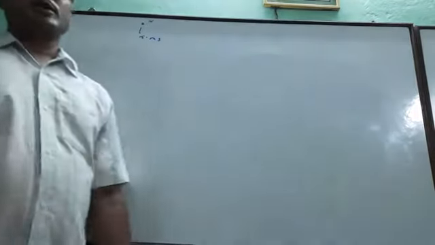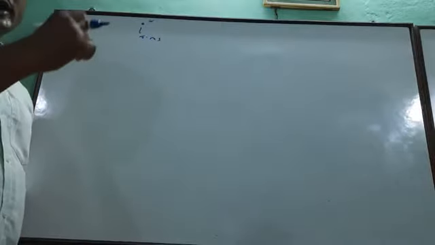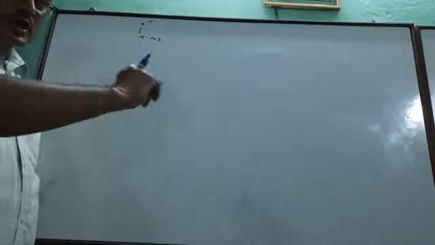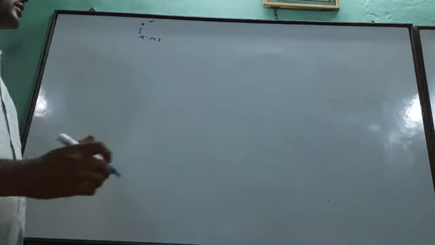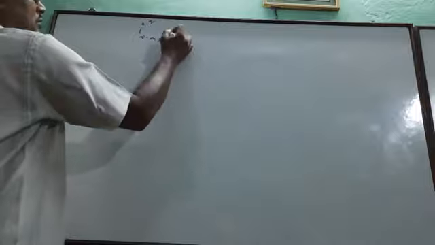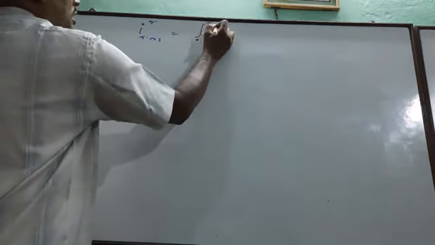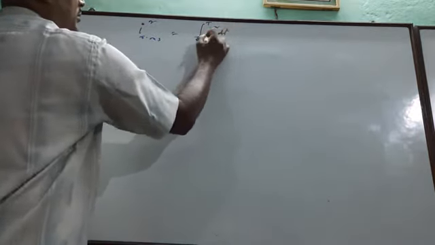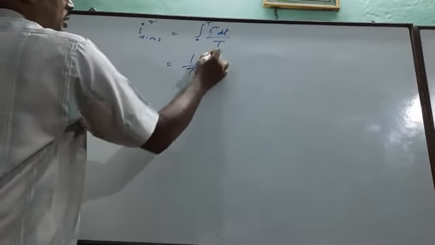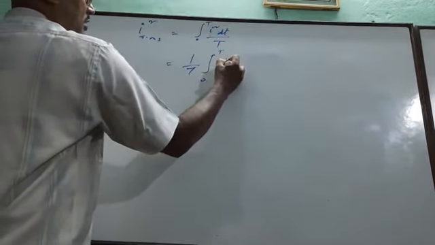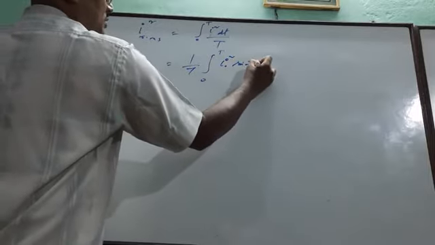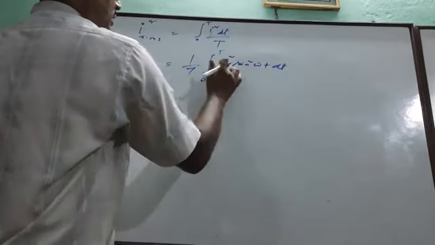RMS square means we have to take the square of the instantaneous current, sum them up, and then take the average over the full time period. So I RMS square is the integral from 0 to T of I square dt by T, that is 1 by T integral 0 to T of I0 square sin square omega t dt.